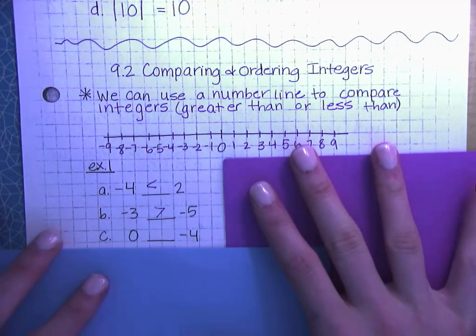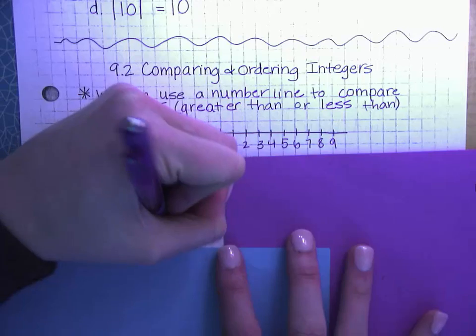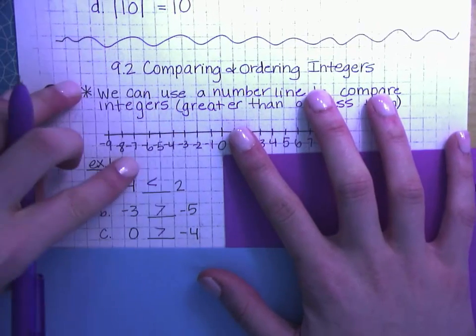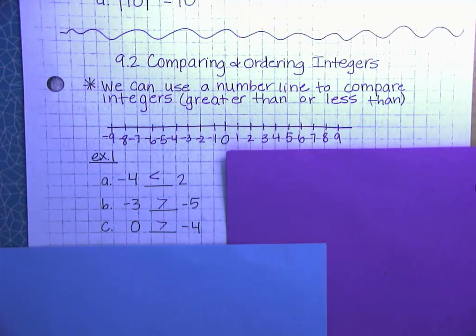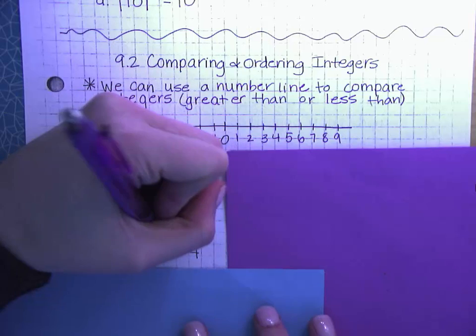Okay? What about 0 and -4? Which one is going to be greater? 0 is going to be greater than -4. Okay? Because obviously we know -4 is less than 0. Okay, what about -6 and -4? Which one is greater? Yeah, -4.